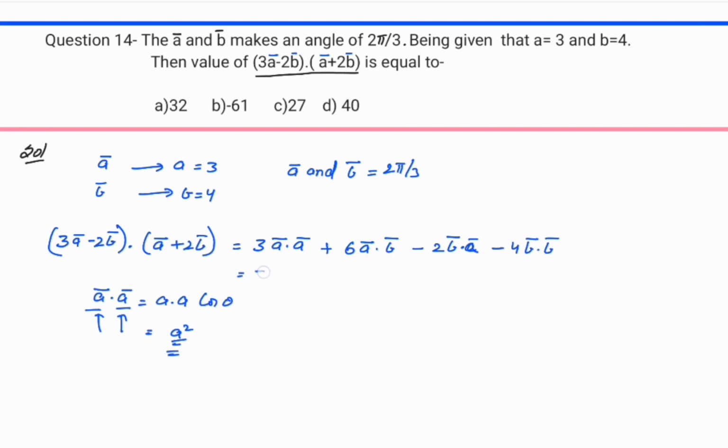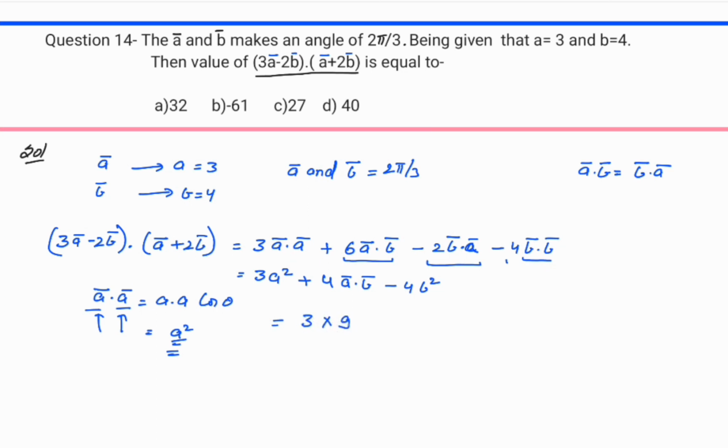It means here we will get 3 of A square plus 6 of AB, and this is minus 2 of AB. It means we will get 4 of AB, vector A dot vector B, because we know the dot product is a commutative process. It means A dot B is the same as vector B dot vector A. Now minus B dot B means 4 of B square. So we can write 3 of A square. What is A? A is 3.